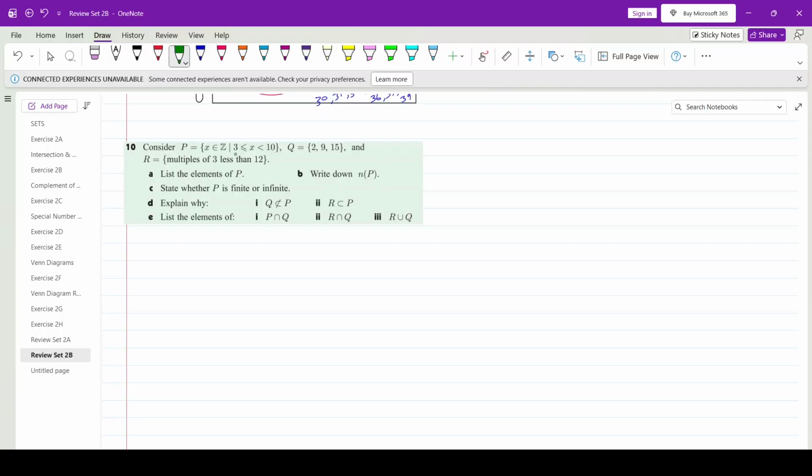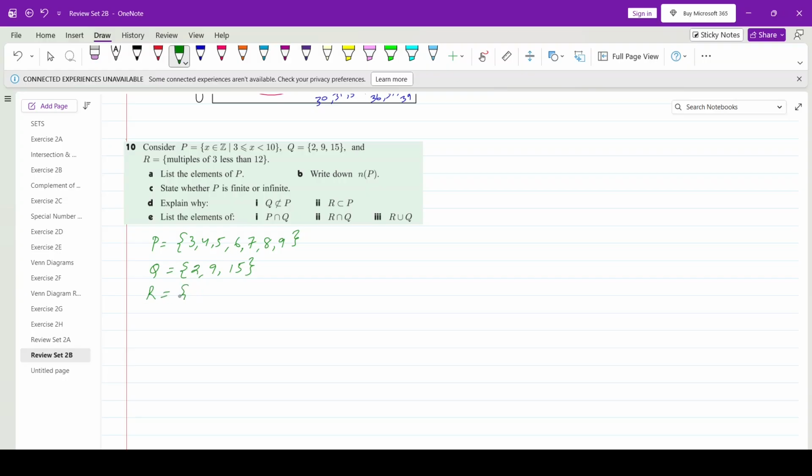Consider P a set of all integers between 3 and 10, including 3. So we can say P is a set containing 3, 4, 5, 6, 7, 8, and 9. Q is a set containing 2, 9, and 15.